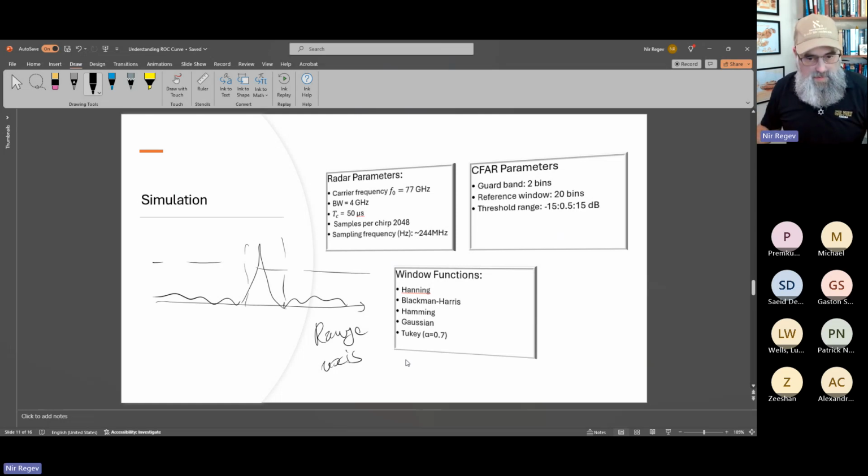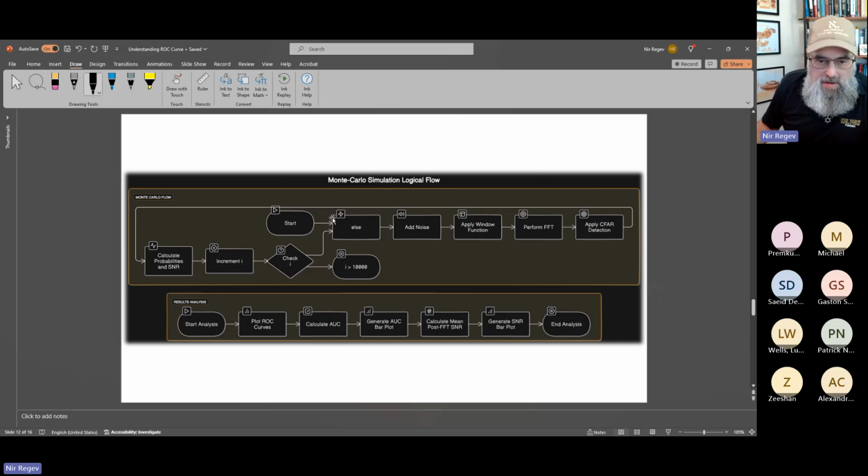Okay, let's go back. So the Monte Carlo simulation logical flow is the following. We start the analysis.